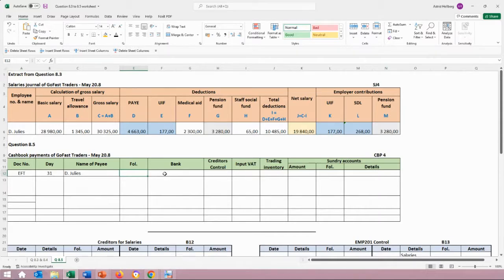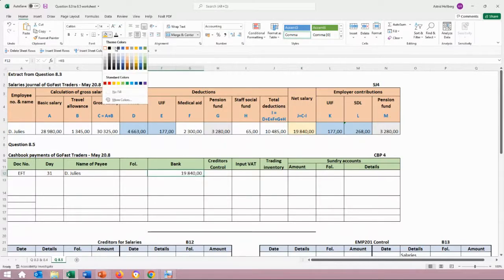In the bank column is the amount that we are going to pay. So we are going to pay D. Julies 19,840. Okay, so that is the first one.